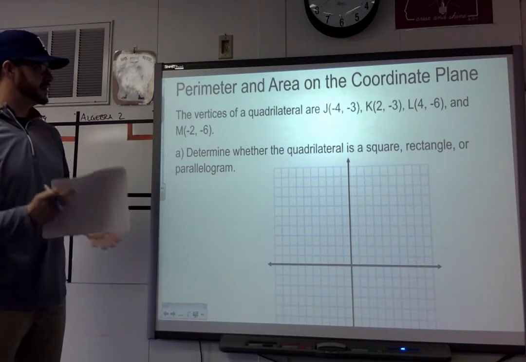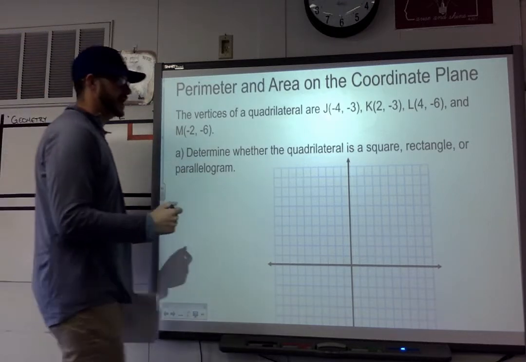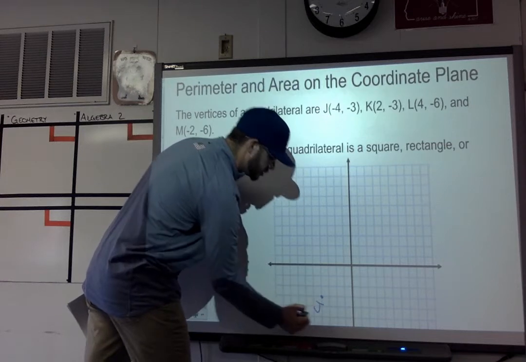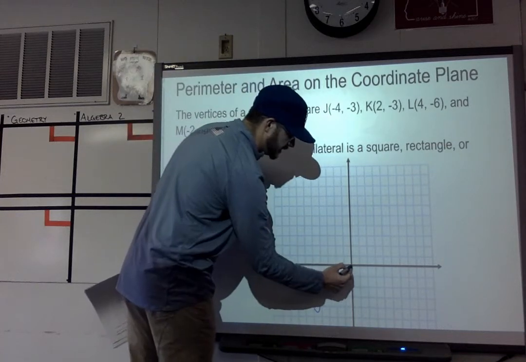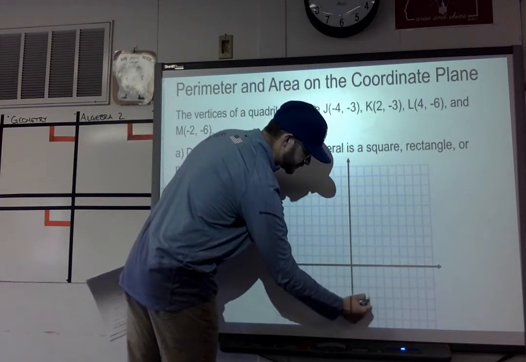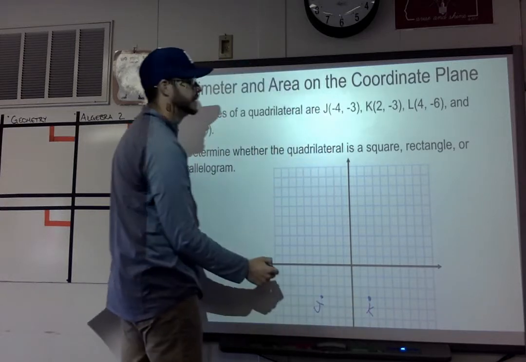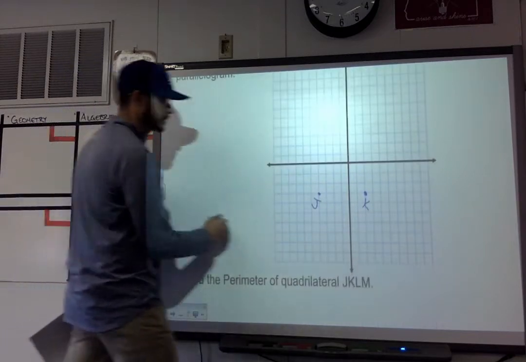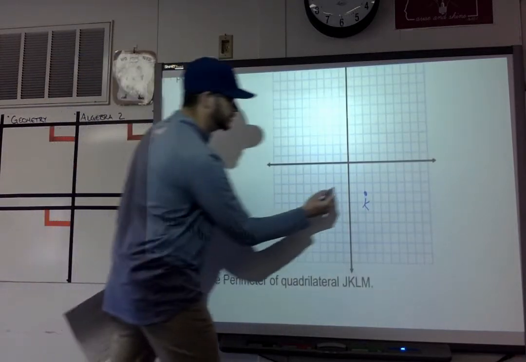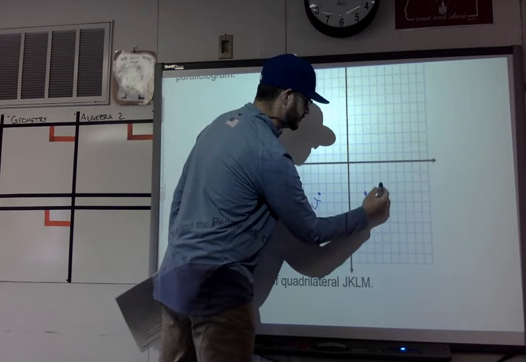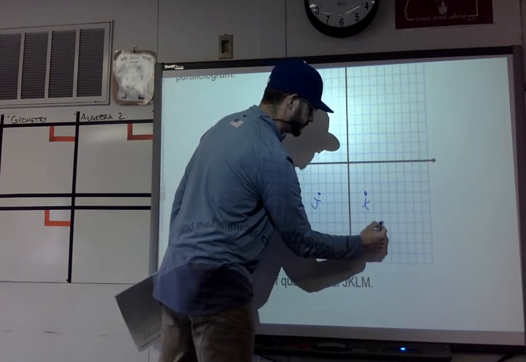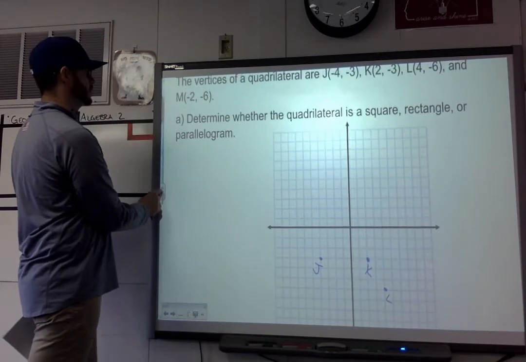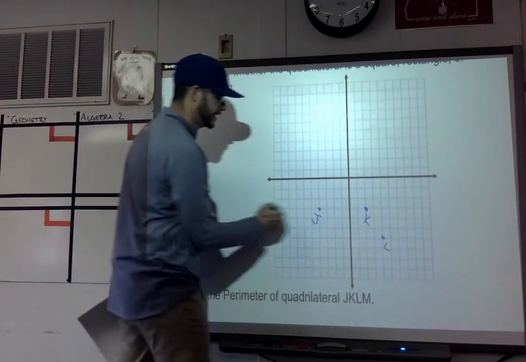So they tell us the vertices of a quadrilateral are J at -4, -3, K at 2, -3, L at 4, -6, and M at -2, -6.